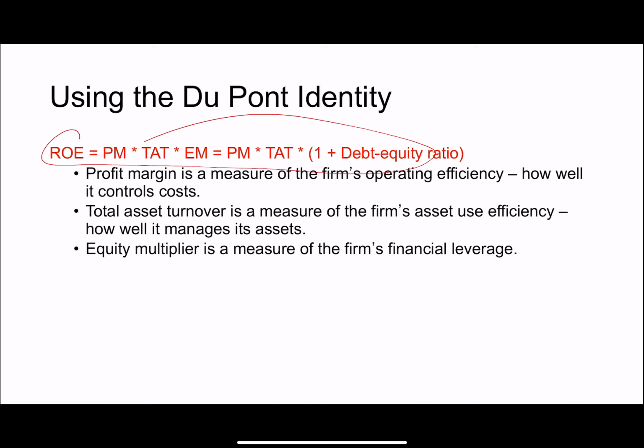Your ROE is driven by profit margin, usually a firm's operating efficiency, how well the costs are controlled; asset turnover efficiency, which is driven by inventory turnover, accounts receivable turnover, and fixed asset turnover; and finally, your equity multiplier, which is just a measure of the firm's overall financial leverage.